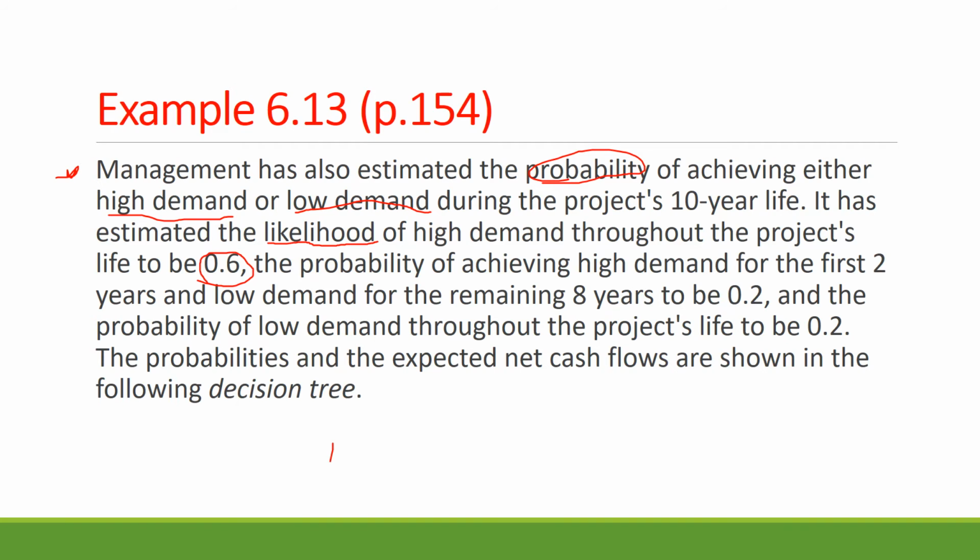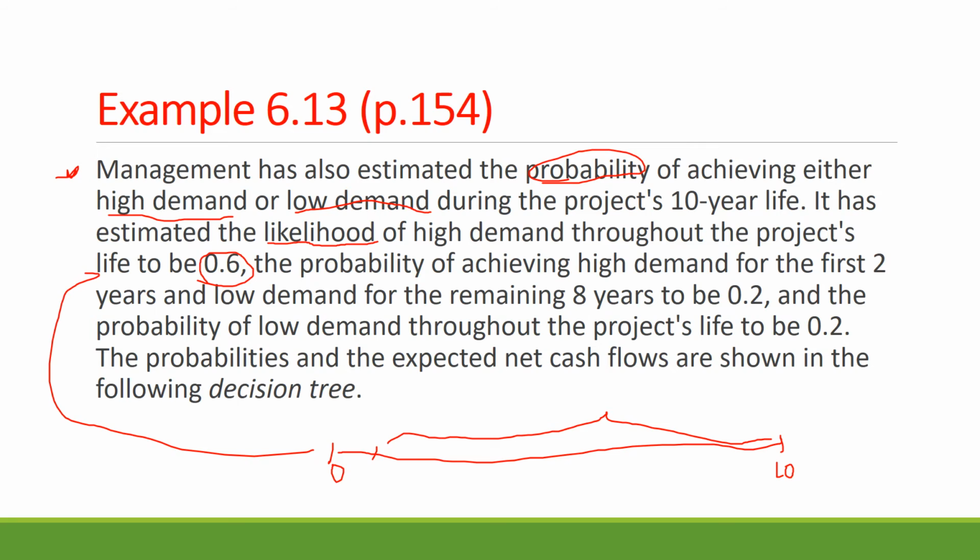What we mean here is from year 0 to year 10, for each year from year 1 to year 10, the demand for our product is always high. The probability of that happening is 60%.